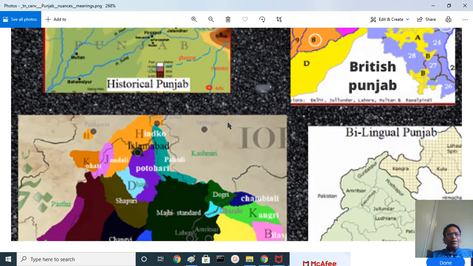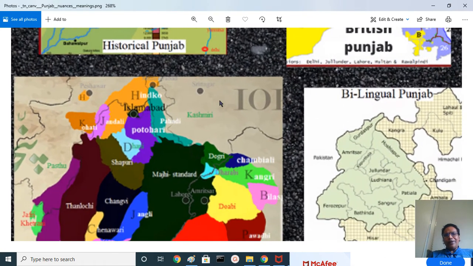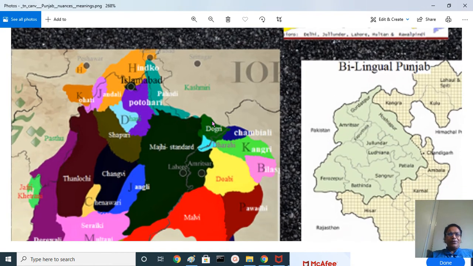And if you take language or dialects into consideration, there is a linguistic continuum.